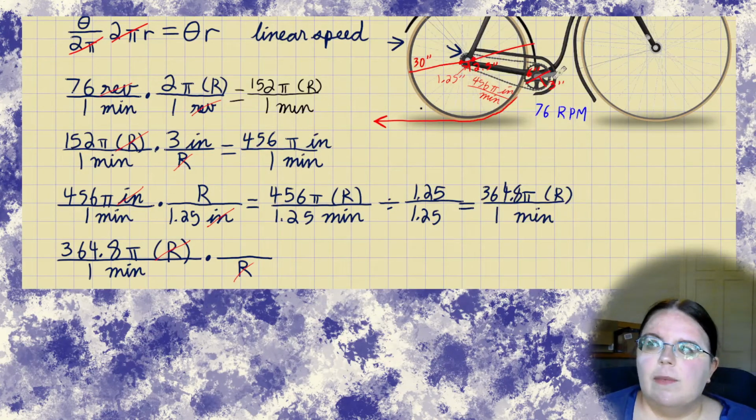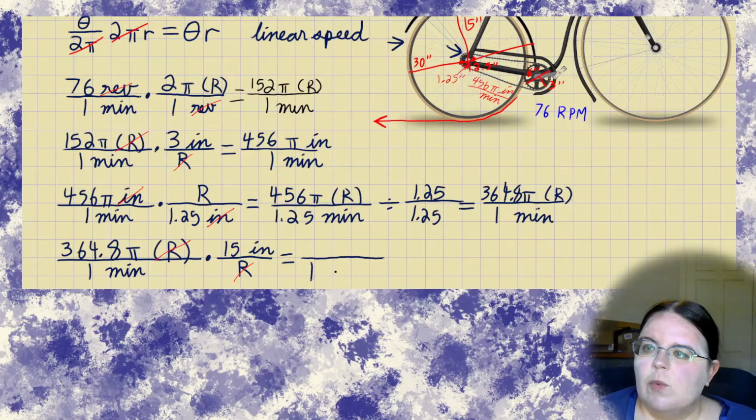Well, what's the length of the radius? Well, I see that the diameter was 30 inches, so certainly the radius will be half that, 15 inches. And then, again, we've canceled our units that we can, so then we just multiply across. And I see that our time in this rate is 1 minute.